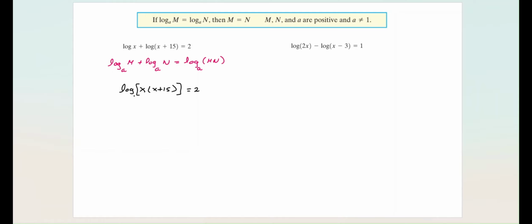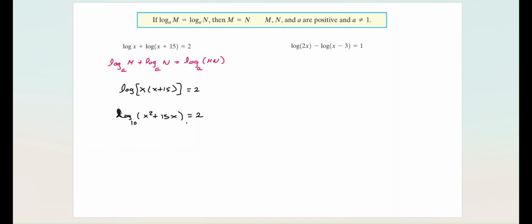I will also make visible the base of this logarithm, that is the common logarithm, so it's base 10. So we rewrite this now as log in base 10 of x squared plus 15x equals 2.